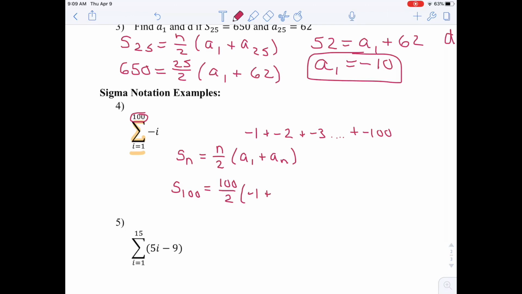The first term's negative 1, and then it's negative 100 as our last term. So we get negative 101 times 50. We see that this sums to negative 5,050.